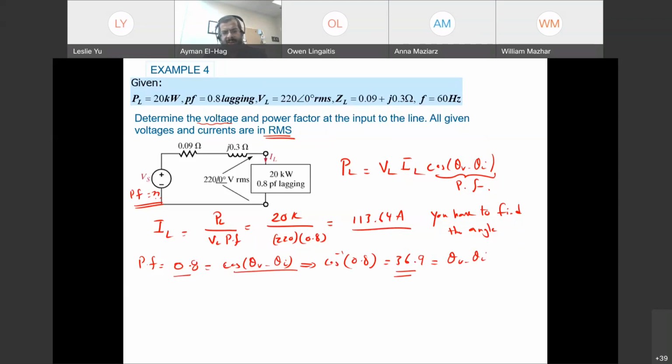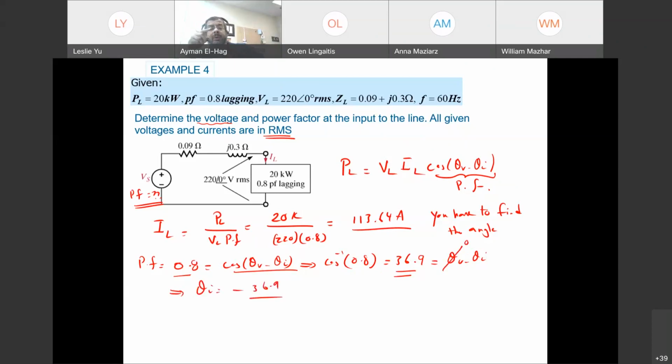Cosine inverse gives you the angle, theta V minus theta I. Theta V is equal to 0, we know that. So your theta I is equal to minus 36.9.